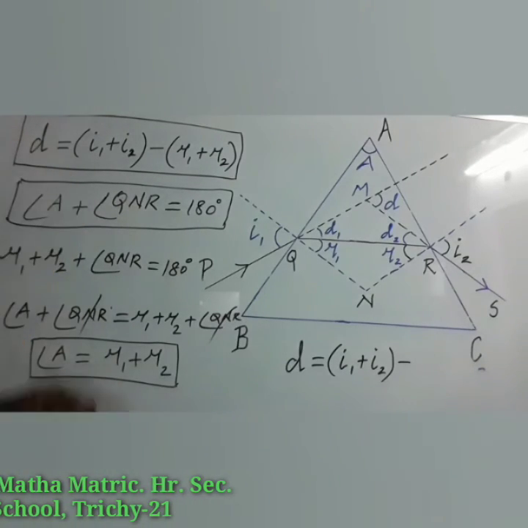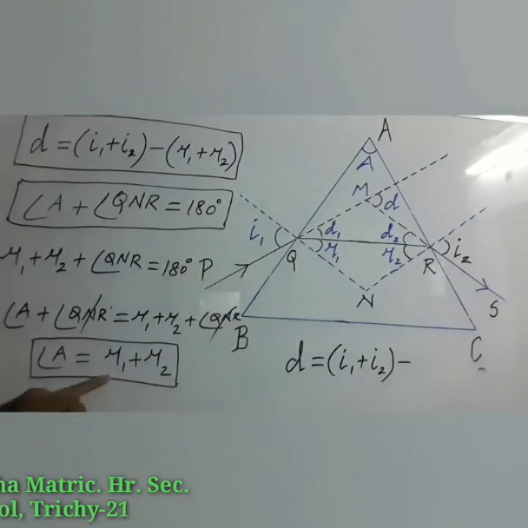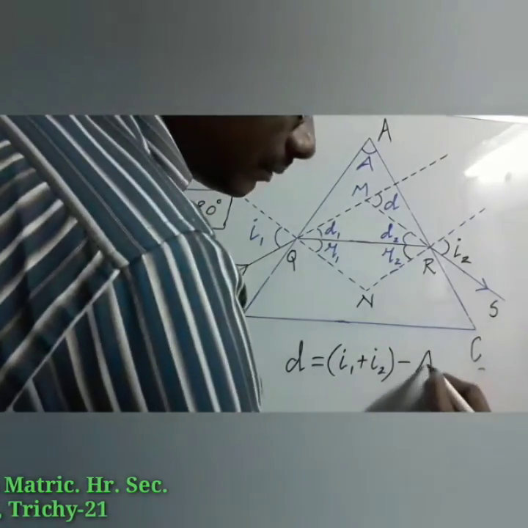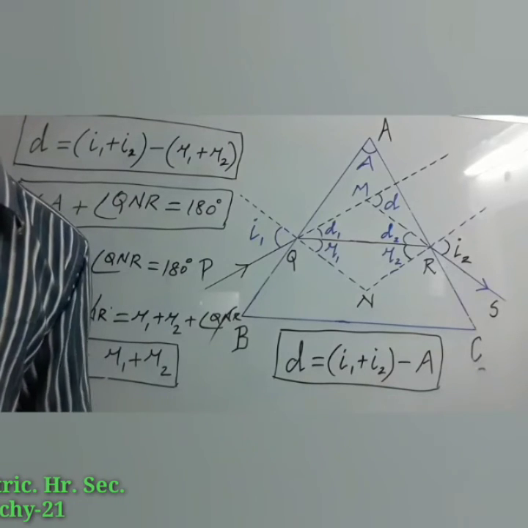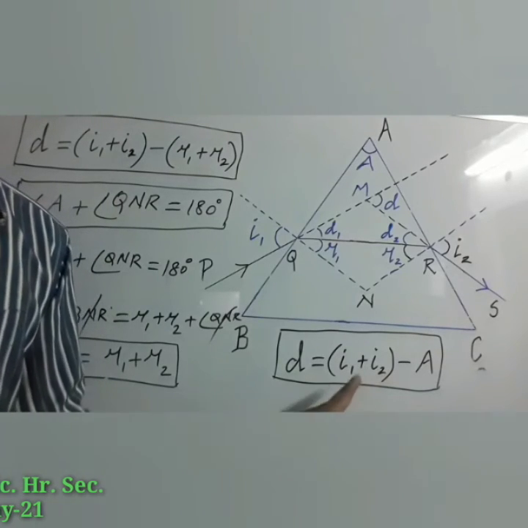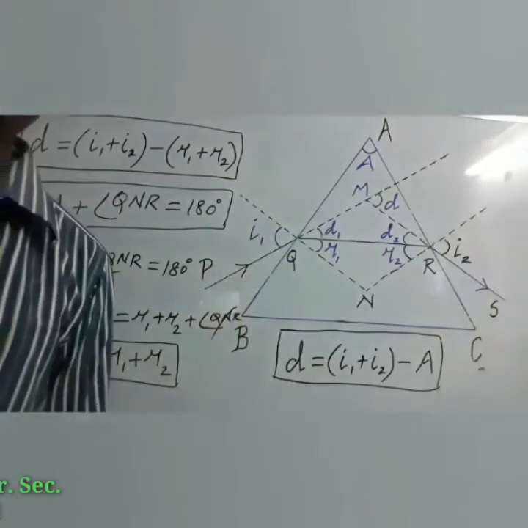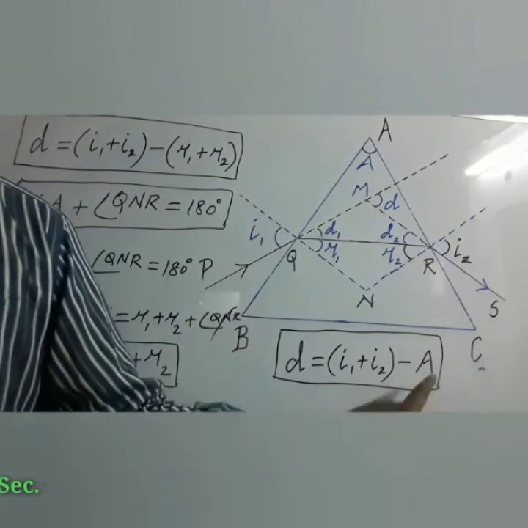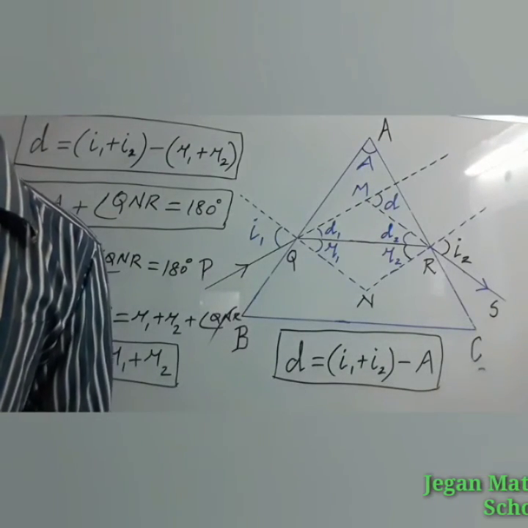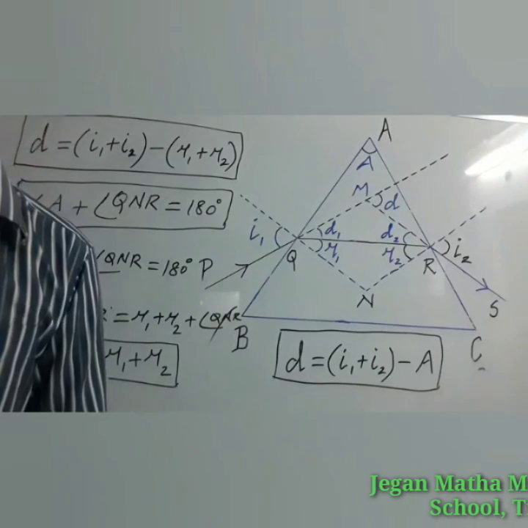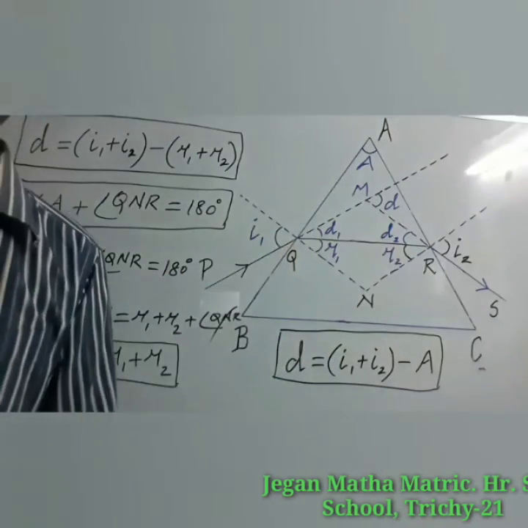So the angle of deviation D is equal to I1 plus I2, and instead of R1 plus R2, we are going to substitute the angle of prism A. From this expression, we can conclude the angle of deviation depends on the angle of incidence I1, the angle of emergence I2 and the angle of prism A. But for the given angle of incidence, the angle of emergence is decided by the refractive index of the material of the prism.